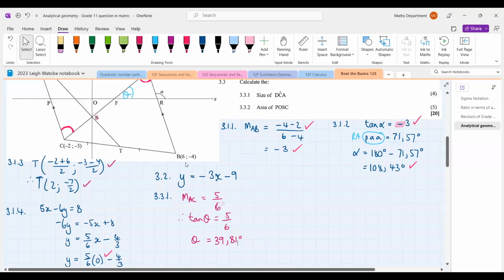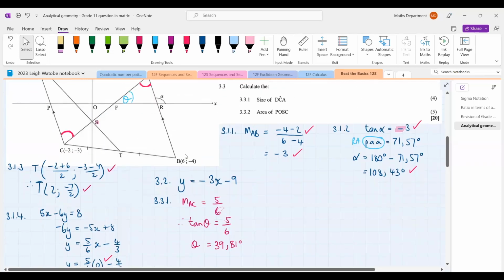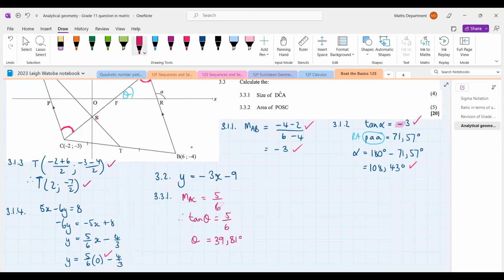I've worked out theta to be 39,81. So that means that A is going to be alpha, which is 108,43 minus, and that's where we get the 68,62 from.